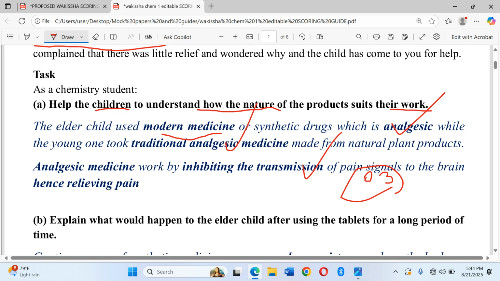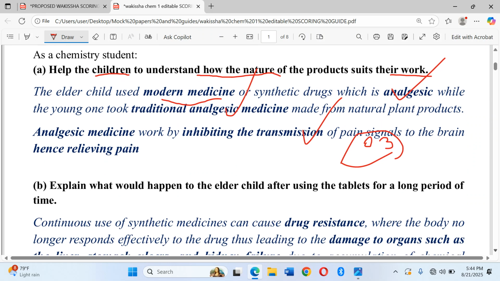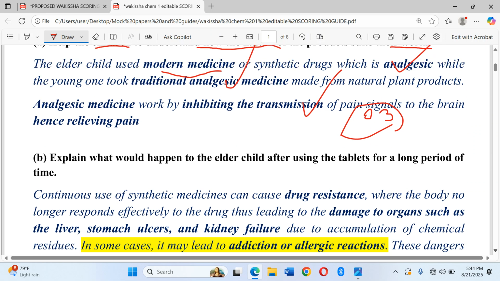Are you seeing that they need the side effect of using the modern medicine for a long period of time? And you recall, when we talk about the side effects, we don't forget to talk about the mitigation. We still use our DEM, the danger, the effect of using it for a long time, and the mitigation.